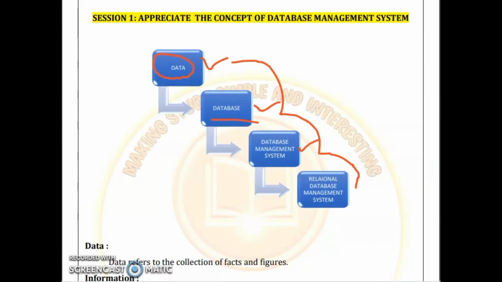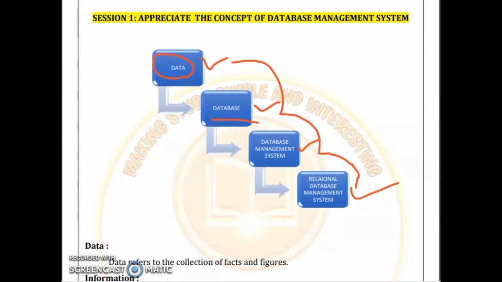We will see all this concept in detail in this session. And after that, relational database management system means if we are using multiple tables in any database, that is relational database management system. So all these four concepts we will see in detail.